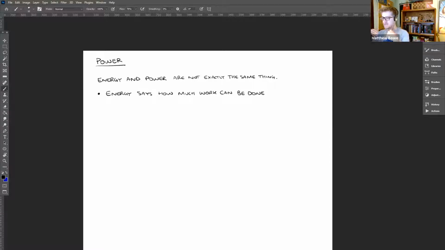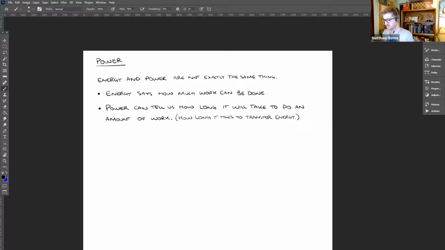It takes so much work to push this box up this hill, or this crane can only lift this thing up so much, so it has so much energy it can offer. Power is something that says how much time will it take to do something like this? How much time will it take to transfer energy from one thing to another?